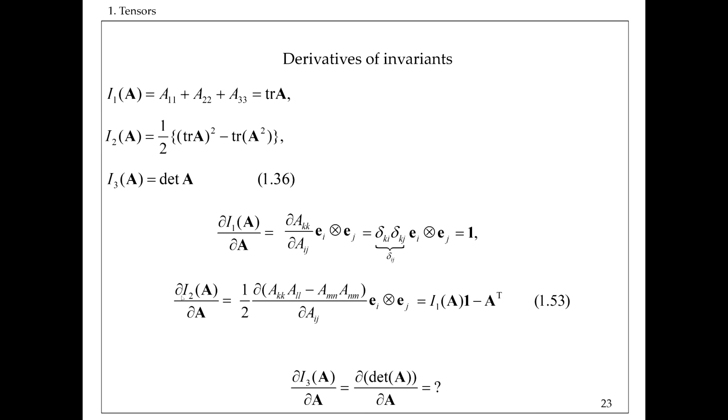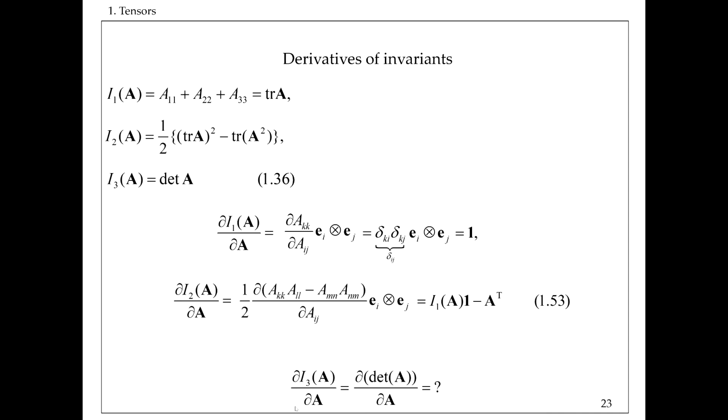And for the second invariant, the one that has these quadratic terms in the traces, we obtained the relationship when we take the derivative: the minus transpose tensor itself plus the identity tensor multiplied by a factor which is the first invariant, so the linear trace appears here.